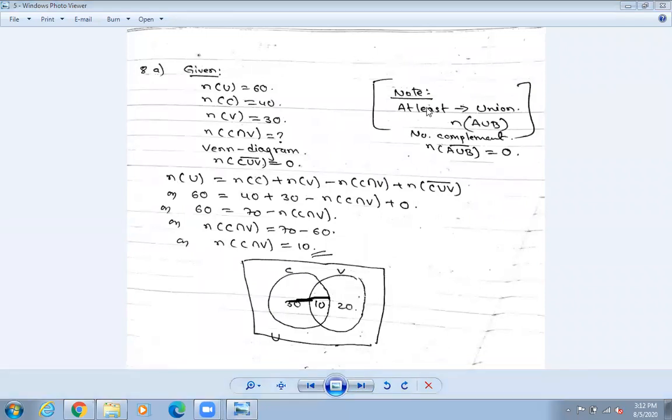So if "at least" is given, it means union. At least means जो part लेको छ सबैले केही न केही गरेकै छ. Those who are participating, those who are in class 9, you are class 9 right now, they are participating in any one of the ECA.